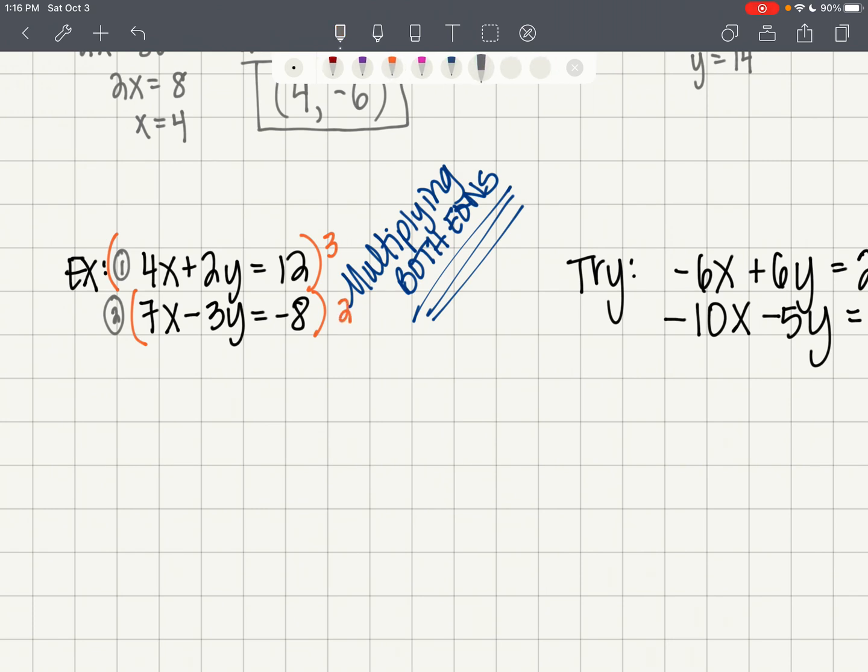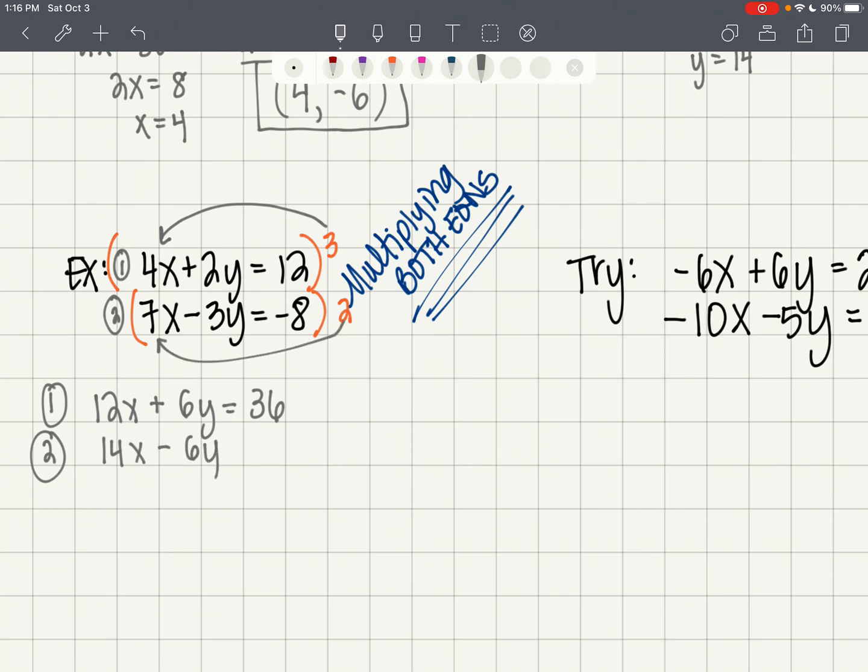The first equation becomes 12x, 3 times 4x is 12x, plus 6y equals 36. Don't forget to multiply every term by 3. The second equation becomes 14x minus 6y, there's our additive inverses, equals negative 16.